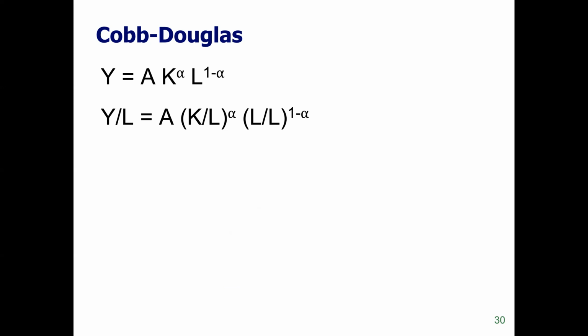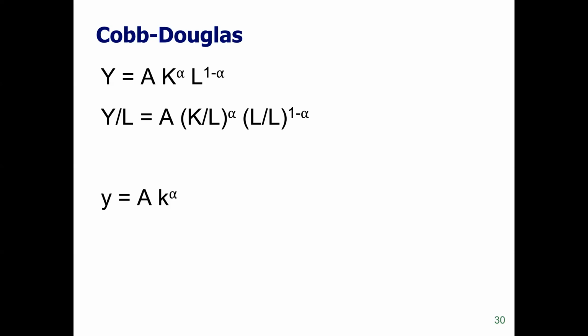We can get Y over L on the left, and capital L is equal to L to the alpha times L to the 1 minus alpha. So dividing the right-hand side by L, I can get A times K over L to the alpha and L over L to the 1 minus alpha.